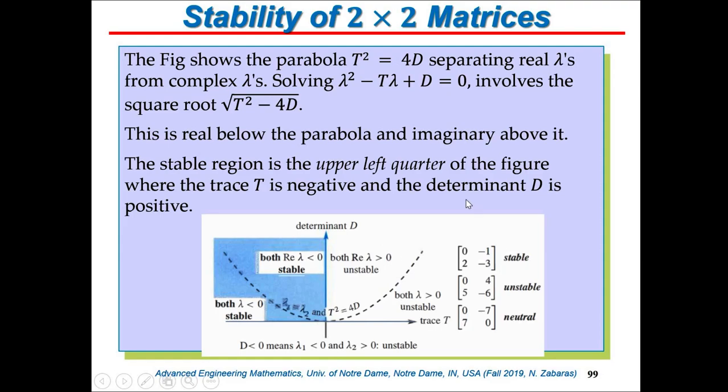This is a stability diagram, and later on for differential equations, we're going not only to plot a diagram that looks like this, but also show, in the different regions, how the solution of the differential equation behaves. Here we are only looking at the behavior of the solution as time t goes to infinity.